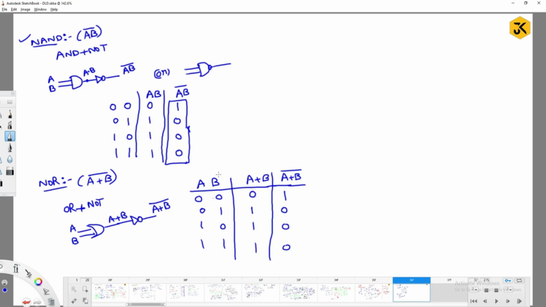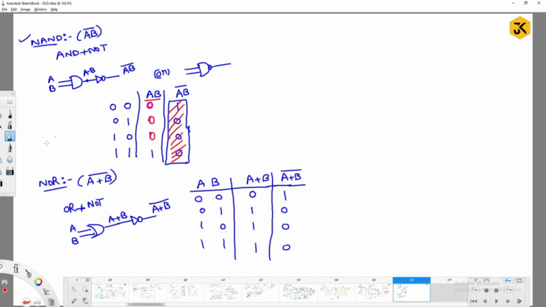Okay guys, in the earlier NAND gate, I made a mistake here. When both inputs are low, your AND gate produces 0, and here also 0, here also 0. You have to make sure of that. AND gate means when both inputs are high, your result will be high, and in all the remaining cases your output will be 0.